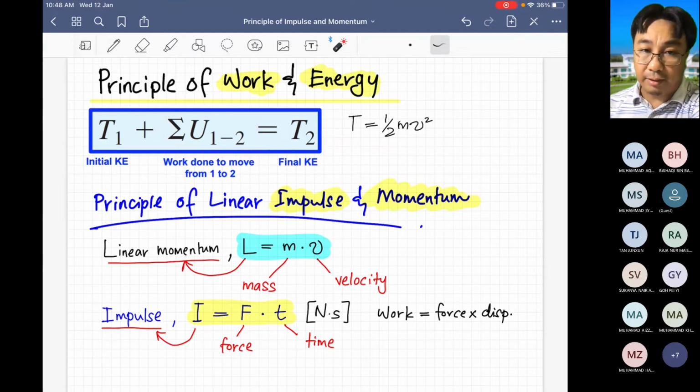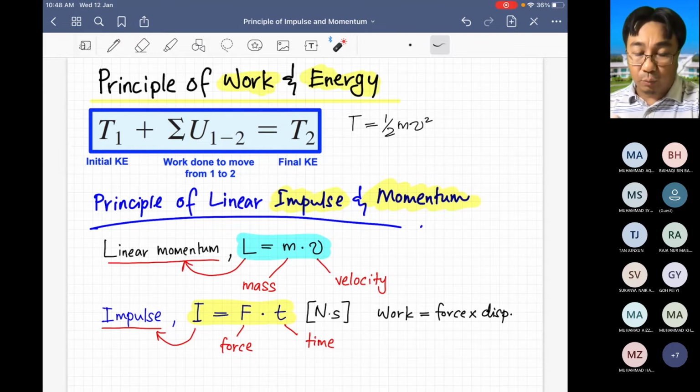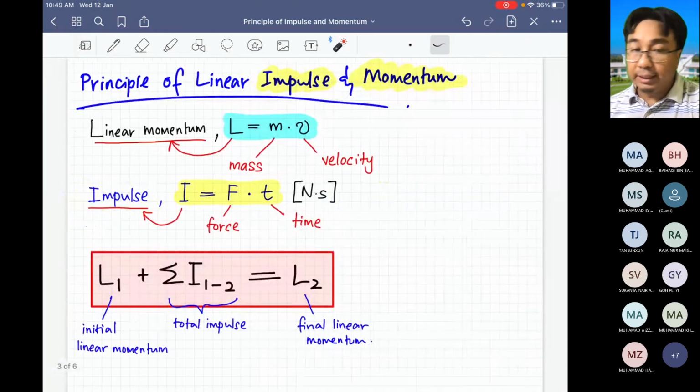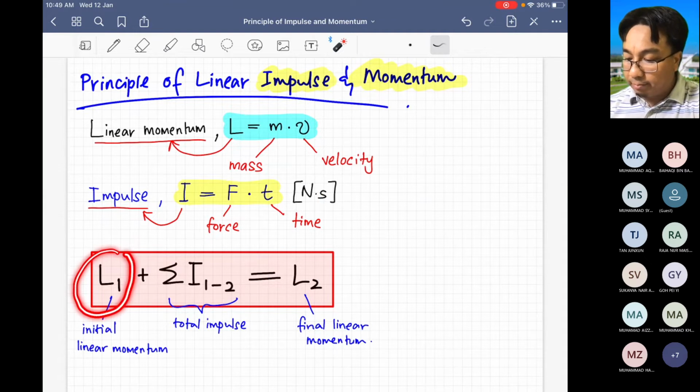There are a few types of work done. In the work and energy chapter, we learned about work done by force, work done by weight, and also work done by spring.